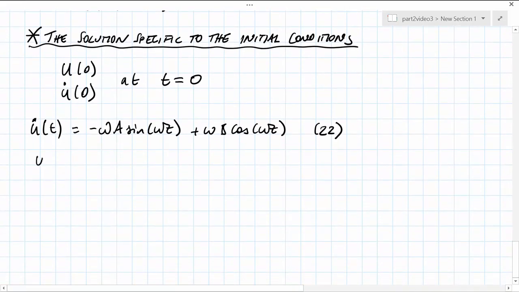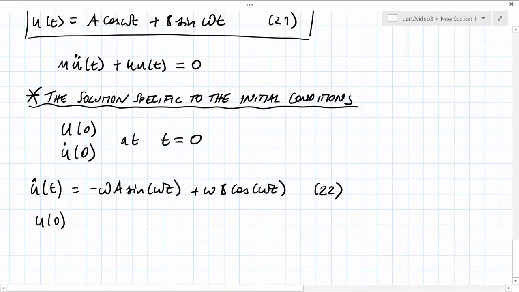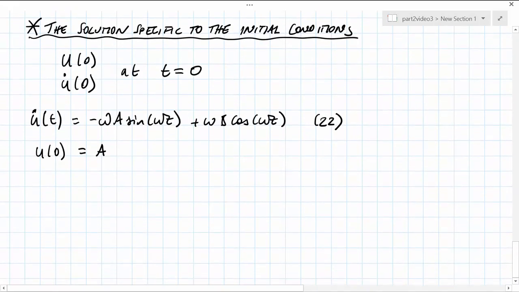Doing this, firstly our displacement equation at t equals 0, everything cancels apart from the cosine term, so that leaves us with u0 equal to A. For the initial velocity, we have omega B, which means then that B is equal to the initial prescribed and known velocity divided by omega, which is the natural frequency.